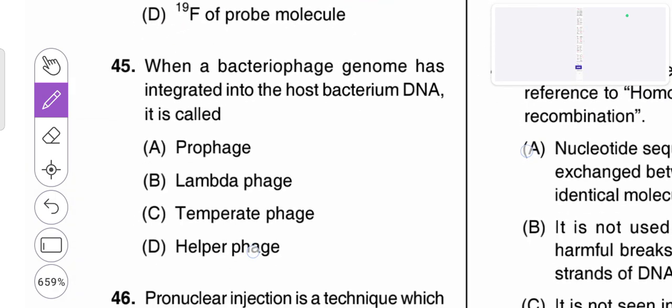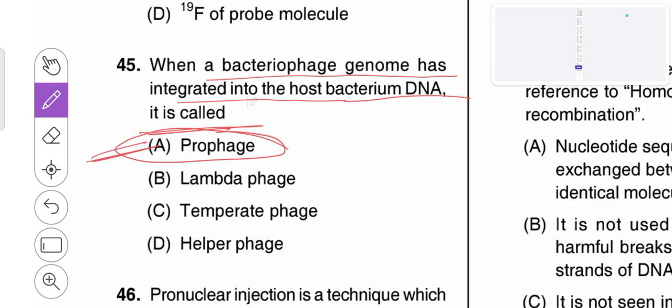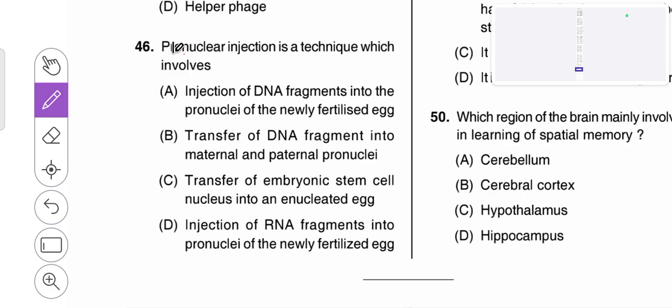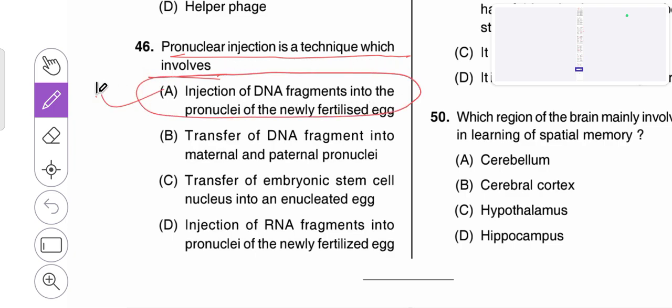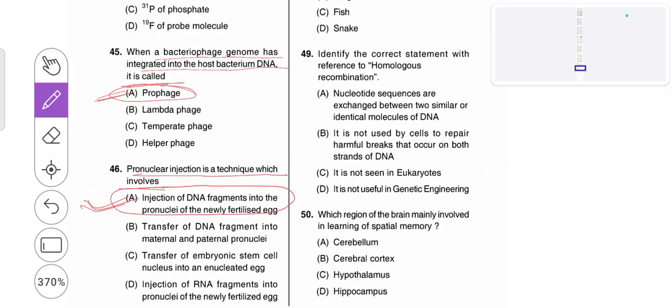Then 45th one, when a bacteriophage genome has integrated into the host bacterial DNA, it is called prophage. Then 46th one, pronuclear injection is a technique which involves injection of DNA fragments into the pronuclei of the newly fertilized egg.